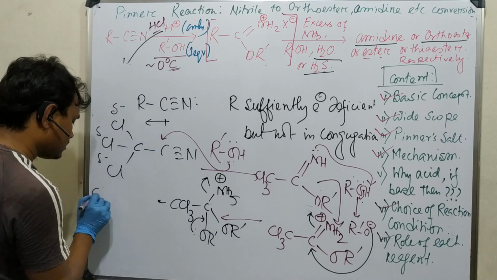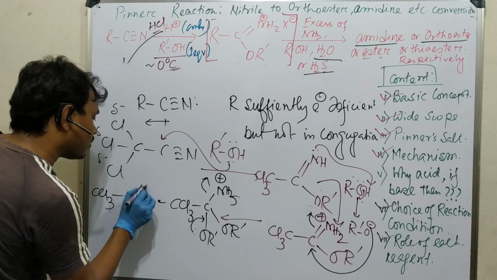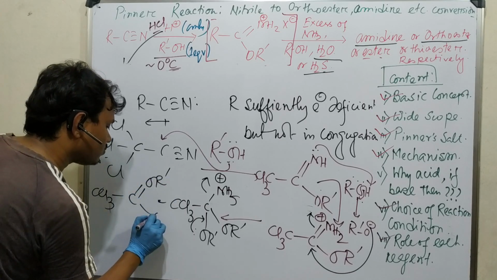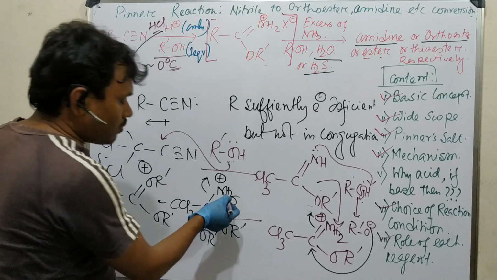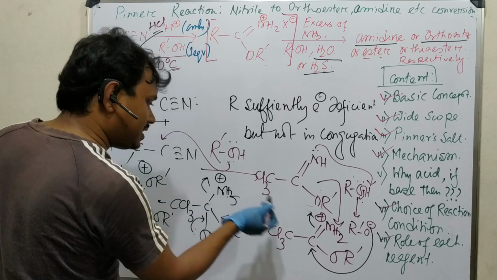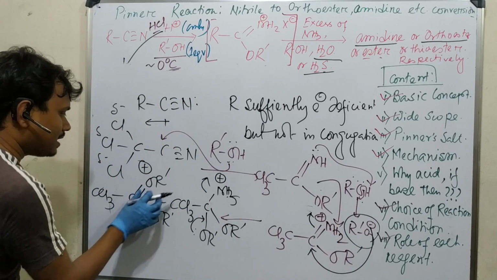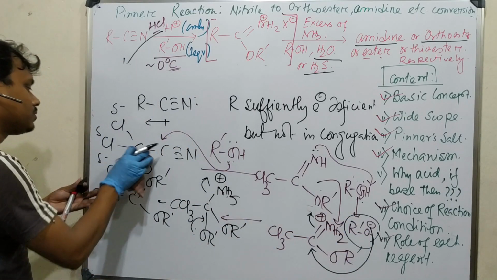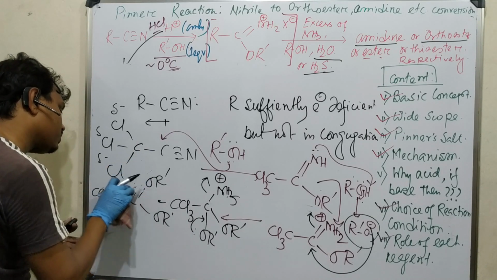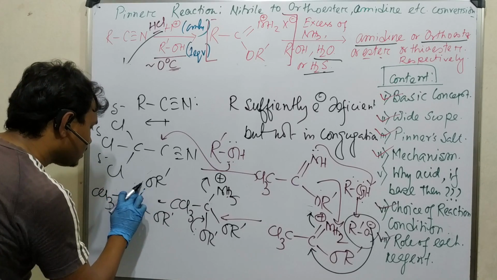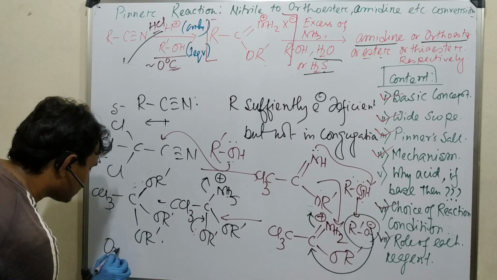So CCl3 C(OR') with a positive charge. When it abstracted the proton, it generated an RO minus again, which will attack, and ultimately, after elimination, it will open up. What will it result in? It will result in this and this, a similar ortho-ester.